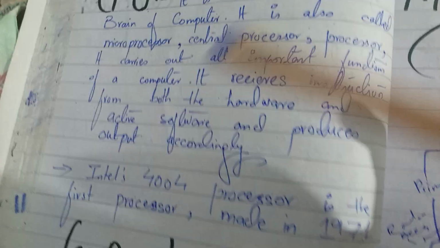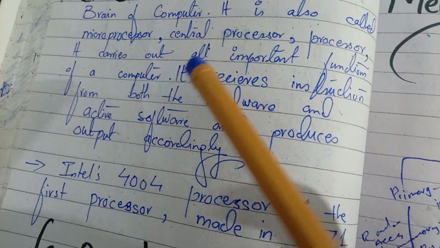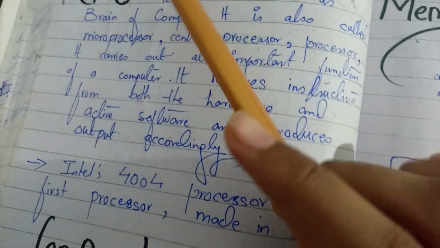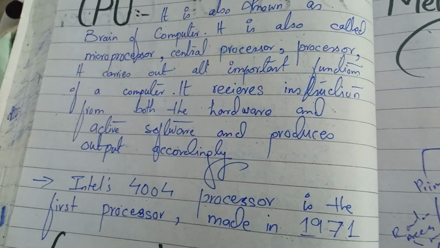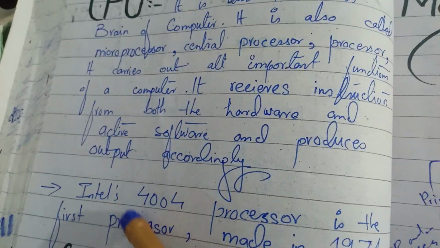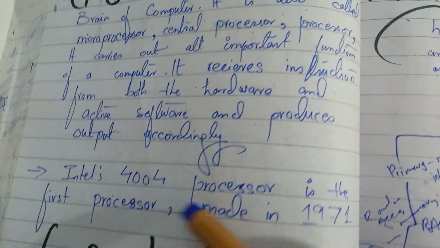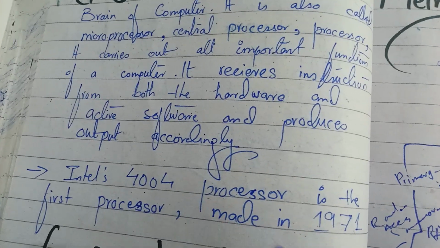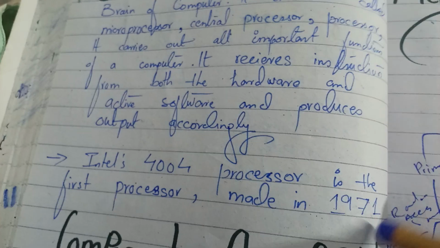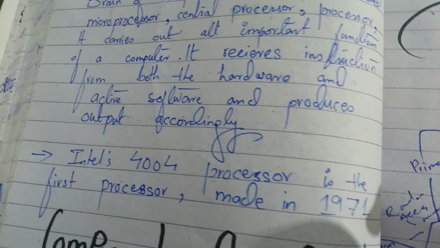If someone says processor or microprocessor instead of CPU, don't get confused. Intel's 4004 processor is the first processor, or CPU, made in 1971. Students, remember 1971.